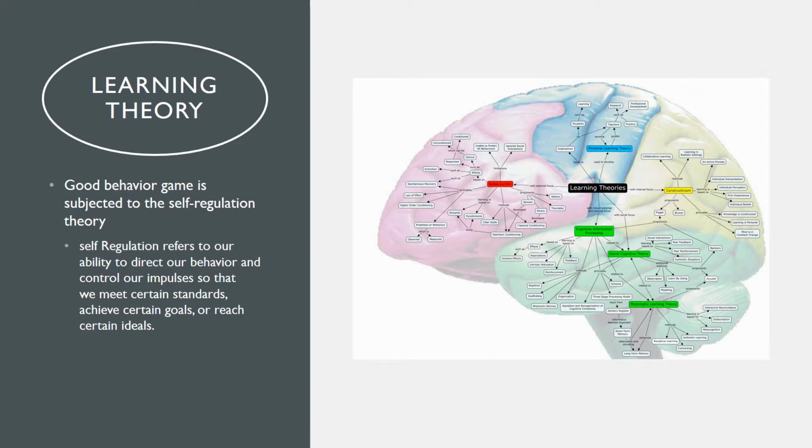The good behavior game is set to regulate and help students reach a certain goal. It is put into place for students to understand more in the classroom, for them to have a better representation of what is going on. It allows students to be in control of what they're doing so that they can interact and clearly comprehend what the teacher is trying to portray to them.